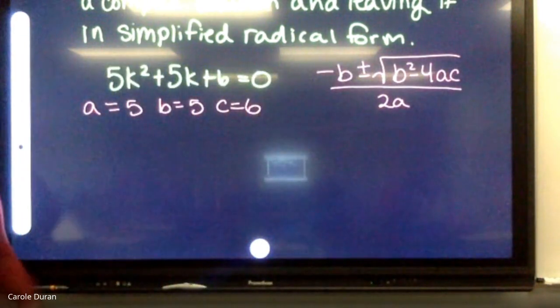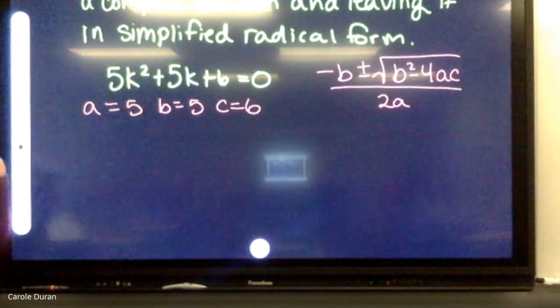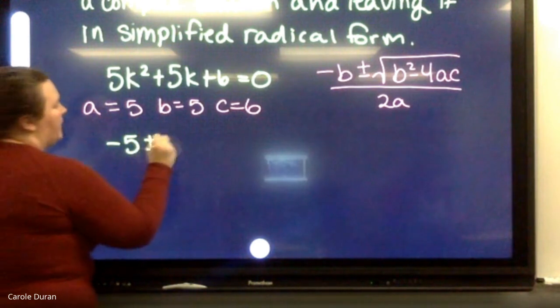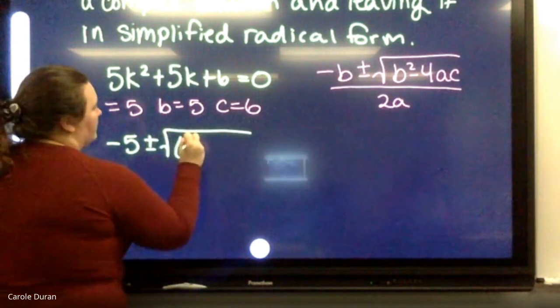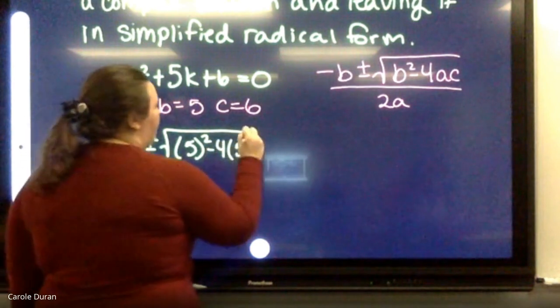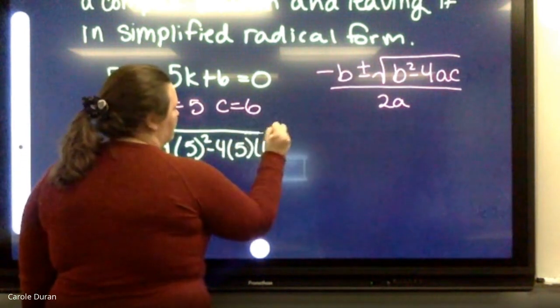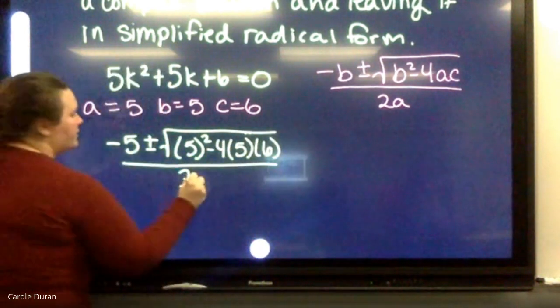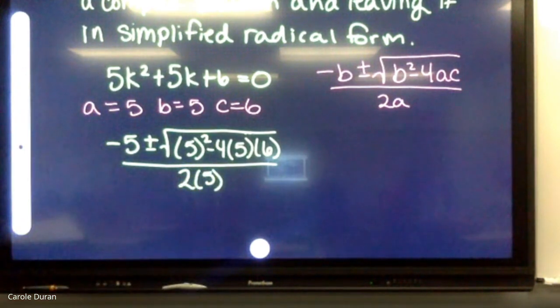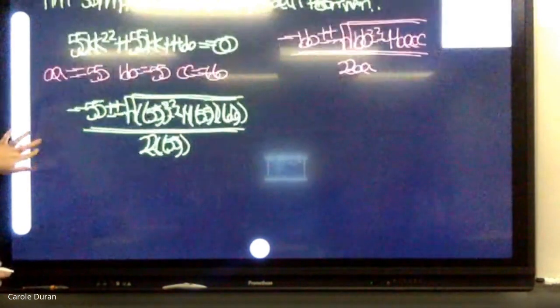So we take these and plug them in. When I do, I get -5 plus or minus the square root of 5 squared minus 4 times a times c, all over 2 times a. So I just plugged in those a, b, and c values. Then I'm going to simplify.